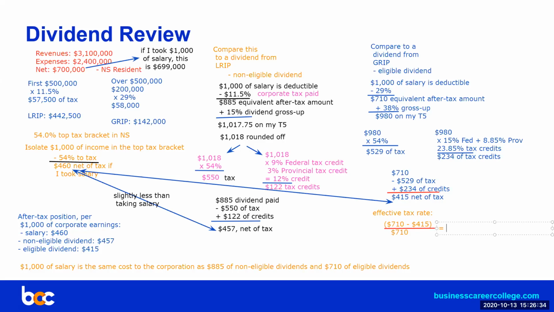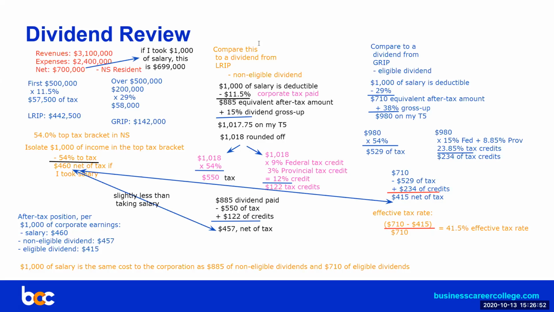So you ended up paying tax at a rate of 41.5% here, if I'm not mistaken. Yeah, 41.5% is your effective tax rate, which is a good thing to know anyways on dividends.